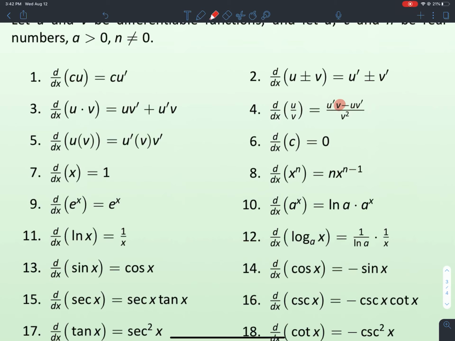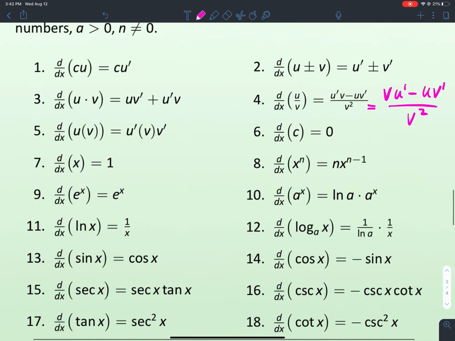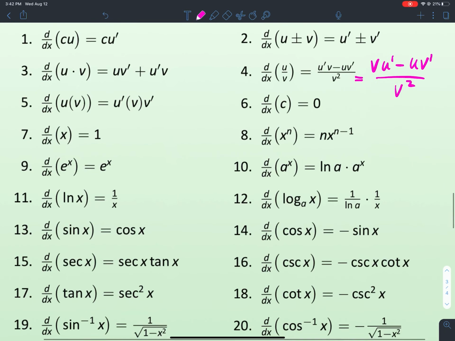They've kind of got that written around a little backwards, but that's okay. If you were on a quiz and you write v u prime minus, so it's low d high minus high d low, all over low low, this is perfectly fine. Those two things are equal to each other. Okay? Derivative of a constant is 0.